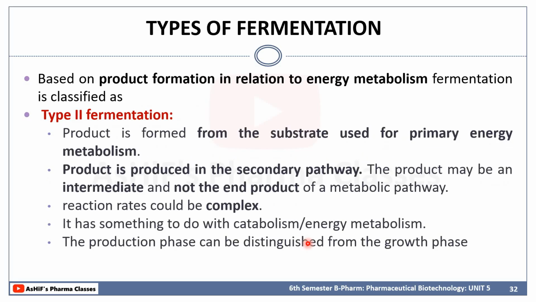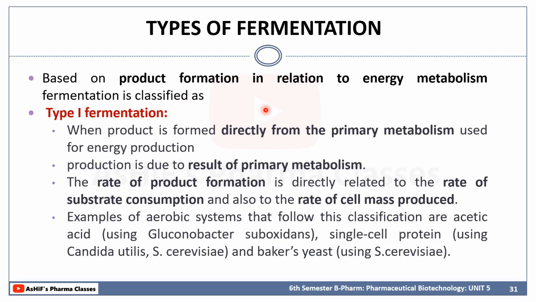Now another type of fermentation is based on the energy metabolism, like type 1, type 2, type 3 fermentation. So basically, where the energy is produced from is the basic criterion for classifying this kind of fermentation process. In type 1 fermentation, usually the energy is produced directly from the primary metabolites. So that is the difference.